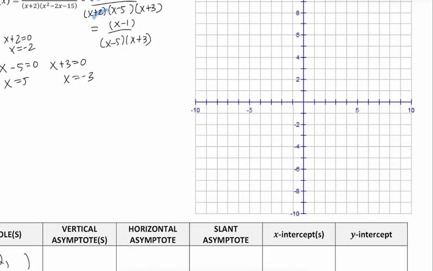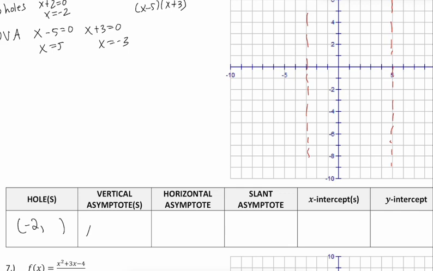And at 5, let's put on a vertical asymptote. And at -3. So down here below, I'm filling in as I go, but I want you to go in the order that we're doing it. So we have vertical asymptotes at 5 and at -3.